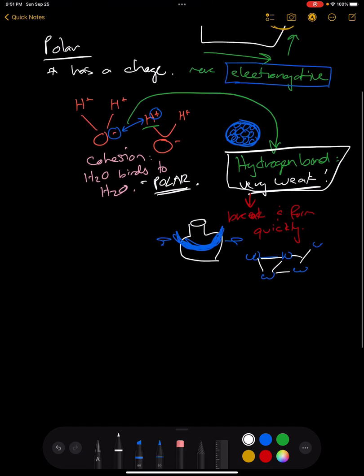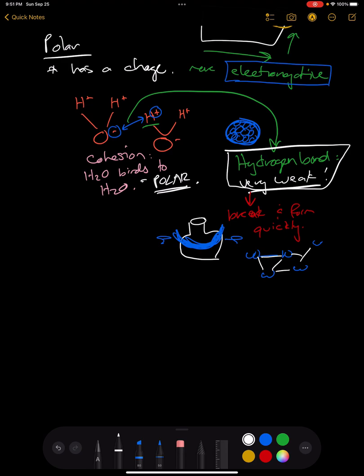Another water property, besides the fact that it's polar and that it has these weak hydrogen bonds, is that water can also bind to other surfaces. This is called adhesion.